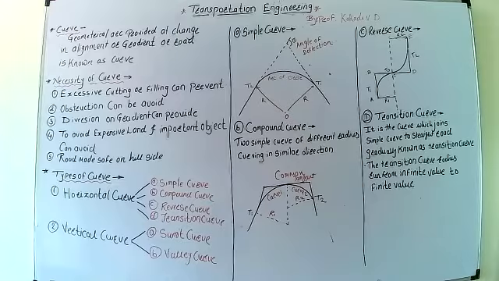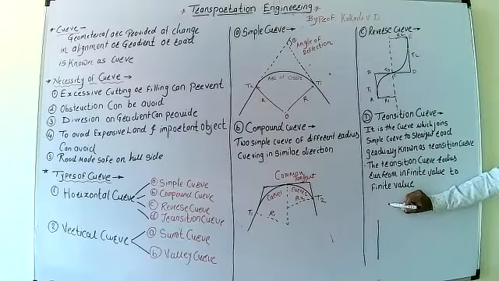So this is the reverse curve, and the most important is the transition curve. The transition curve is the curve which connects a straight road to the simple curve. The small area between the straight line and the simple curve is known as a transition curve.